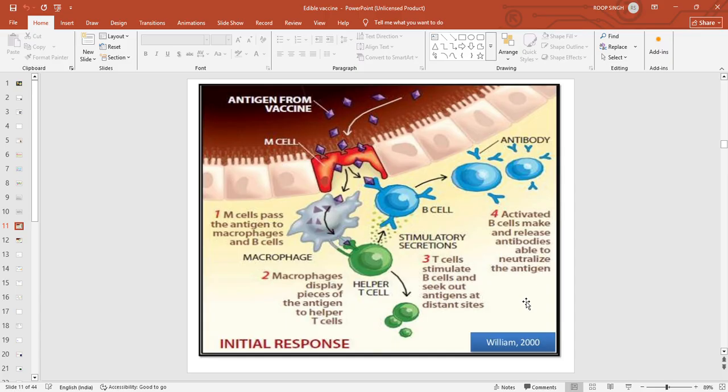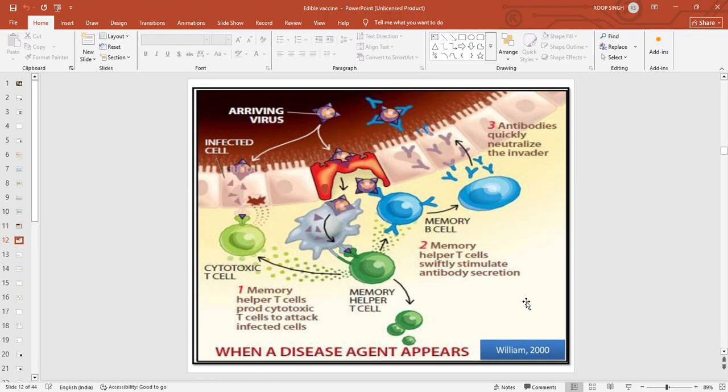So they are able to create memory T cells in our body. These helper T cells are created because of the edible vaccine. So when the virus infects the body, these memory helper T cells activate the cytotoxic T cells, and these cytotoxic cells then will kill the infected cells.